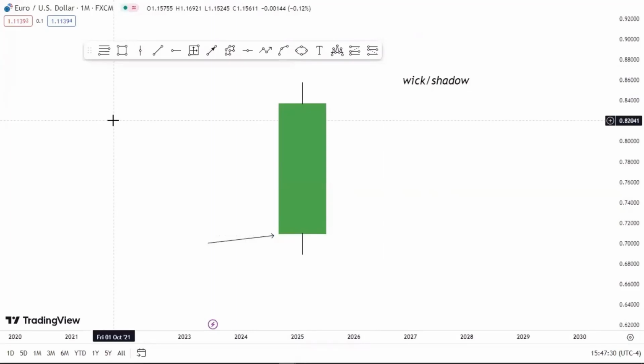They are only telling you where price has been and where price is at. And if you know how to interpret it, they can tell you where price is likely to go. That's what analysis is all about. So the candlesticks are all telling you very important information, showing you where price has been, where price is currently at, and if you know how to interpret the market, where price is likely to go next.